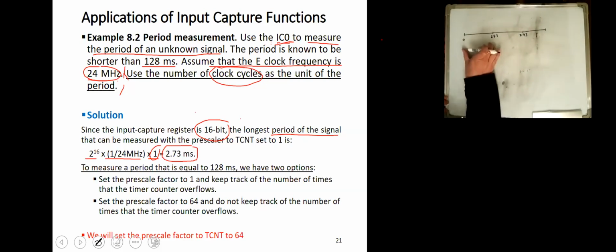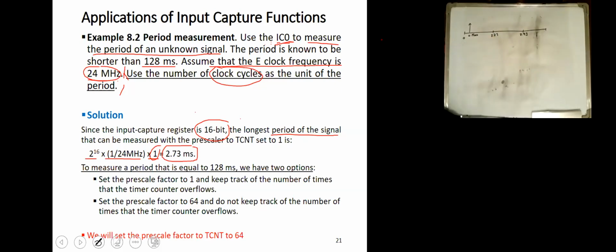If it is maximum 2 milliseconds, then we are fine. There is no problem. But if it is greater than this, there is a problem. Let's assume that our first rising edge arrived here at 0.5 milliseconds.